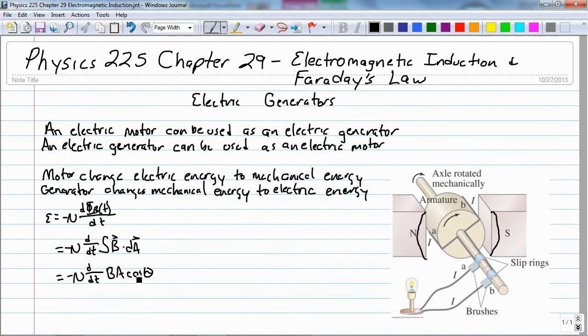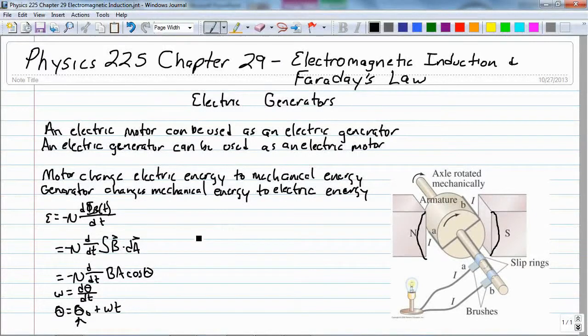Now, theta is related to omega. Omega is equal to d theta dt, and then theta we can say is equal to theta naught plus omega t. That's if we do separation of variables and the integral, and theta naught is our constant of integration.